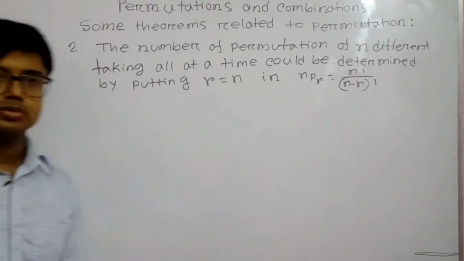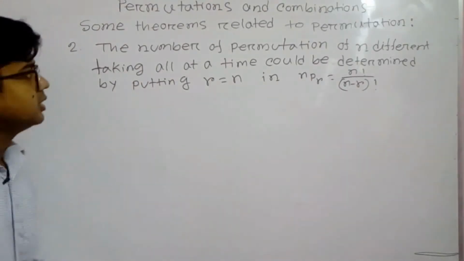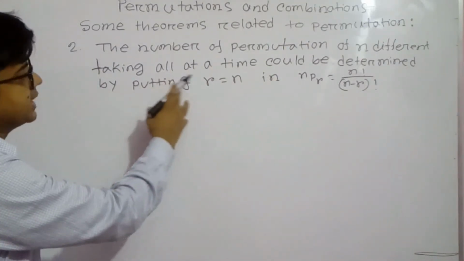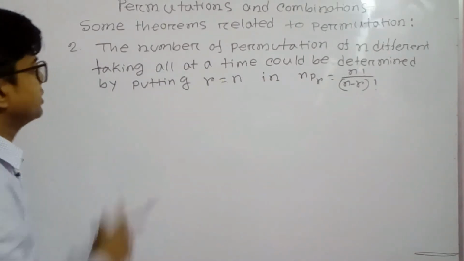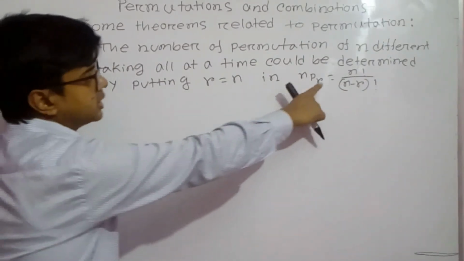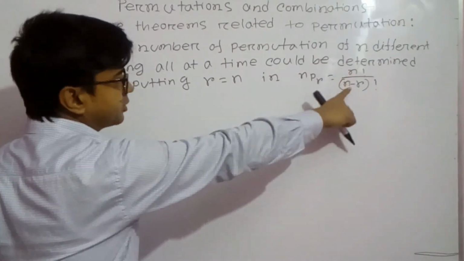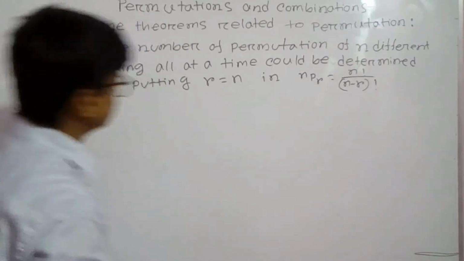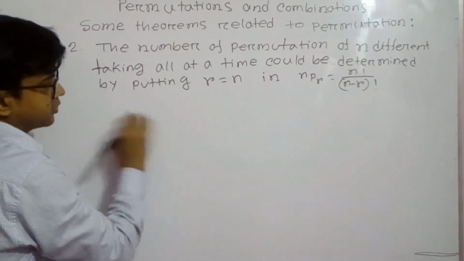Now formula number 2. The number of permutations of n different objects taking all at a time can be determined by putting r equals n in nPr equals factorial n by factorial n minus r.